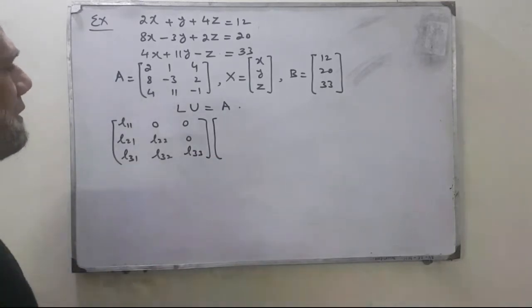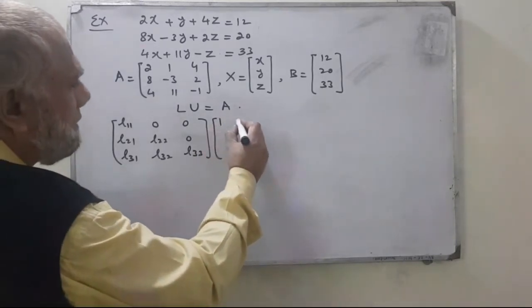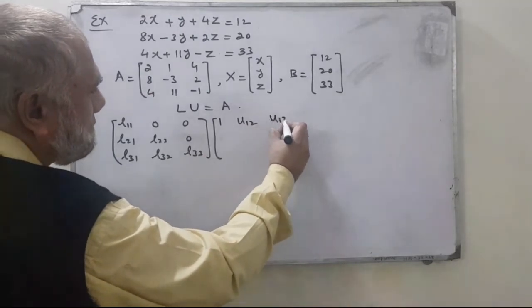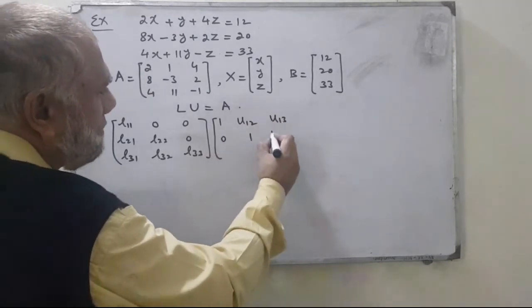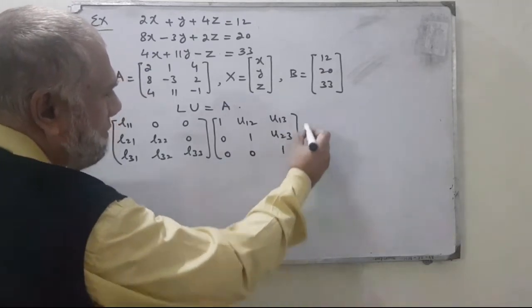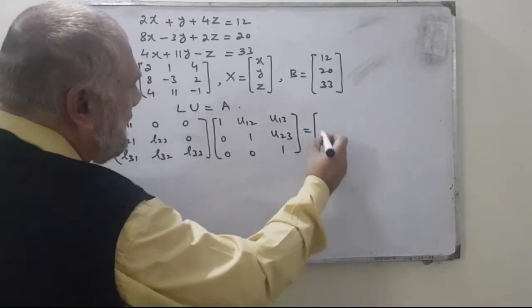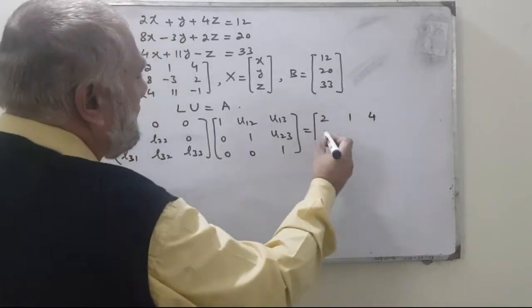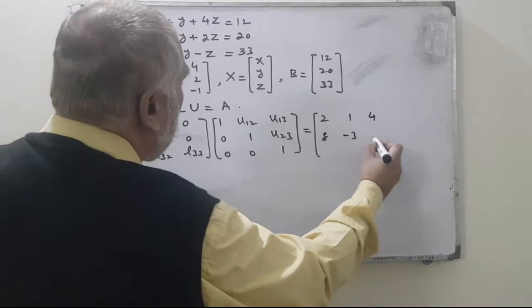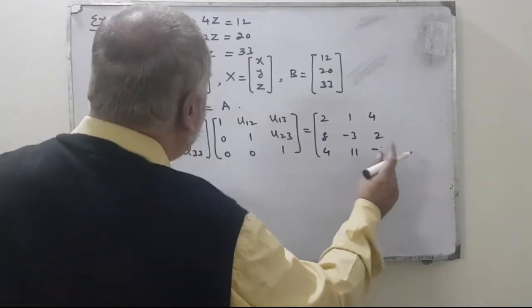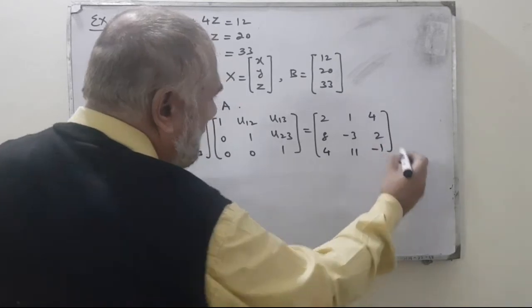And along with it, the unit upper triangular matrix, 1, U12, U13, 0, 1, U23, 0, 0, and 1. Okay. And on the right side, we have A, which is 2, 1, 4, 8, minus 3, 2, 4, 11, and minus 1.